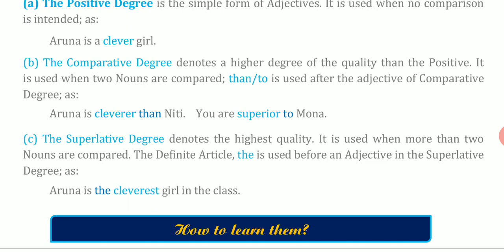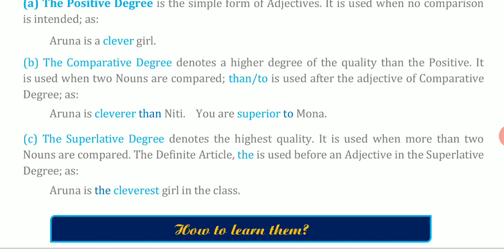It is used when two nouns are compared. Than or to is used after the adjective of comparative degree, as Aruna is cleverer than Niti. You are superior to Mona. Here we have used to, but in the first sentence we have used than.